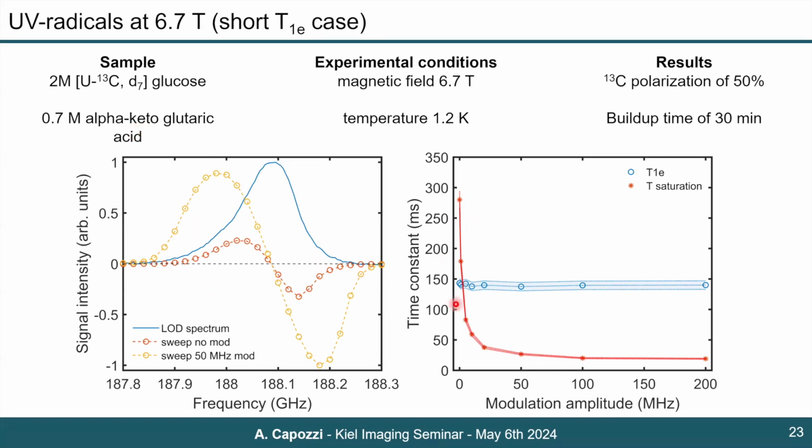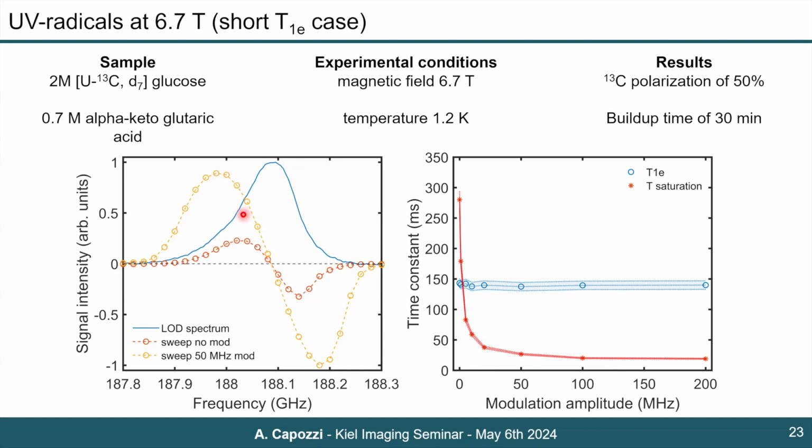And the reason is here. So you can see that the T1E is much shorter, and at the same time, the saturation is slow. So these are inefficient conditions for DNP. Different if you start modulating, so if you start brushing wider on your ESR spectrum, everything becomes faster from the saturation point of view, until you fall below the T1E curve, and suddenly the enhancement is boosted by 3 to 5 times.